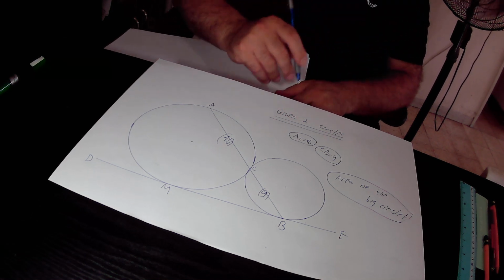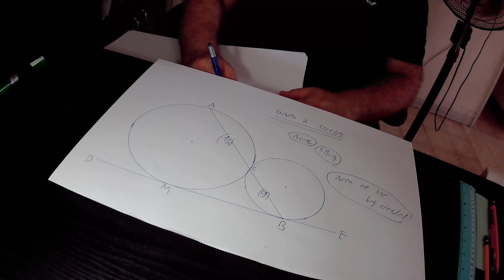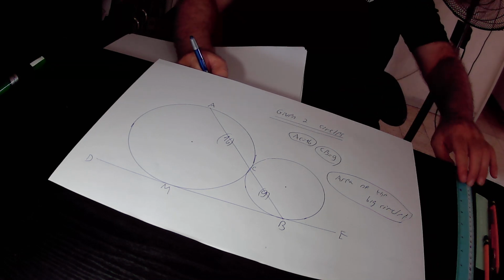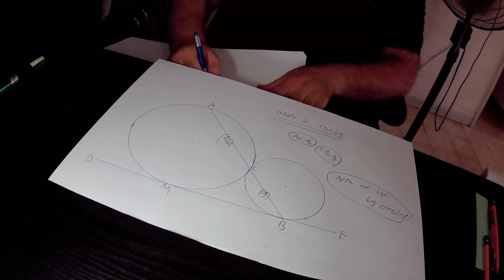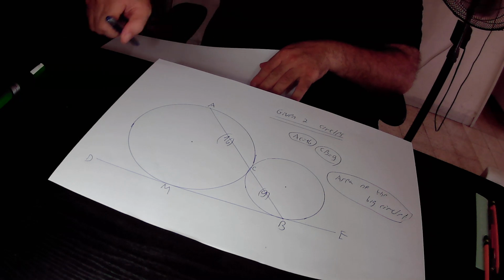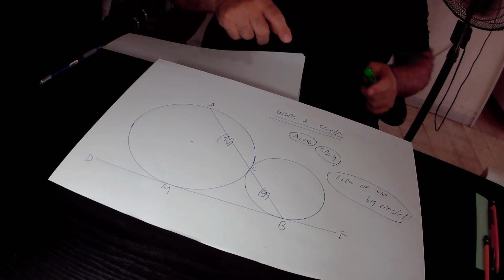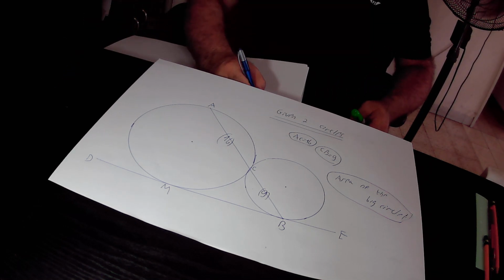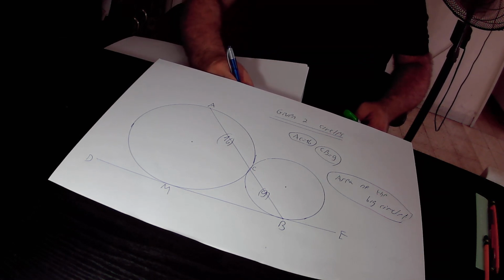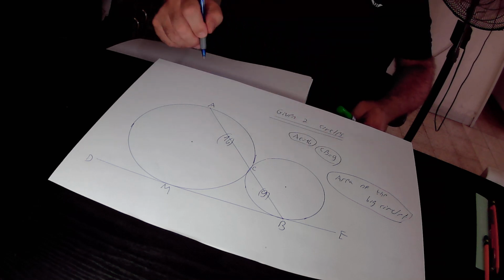So if we focus on the common point B, according to rule 10, the following equation is true, that BM square, that is the square of tangent BM, is equal to BC times BA.